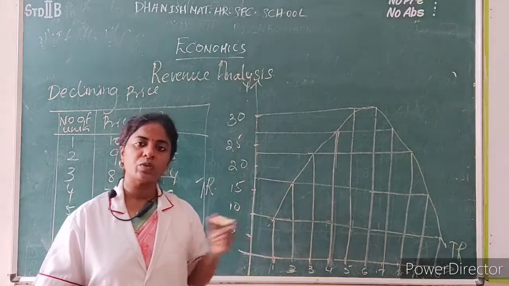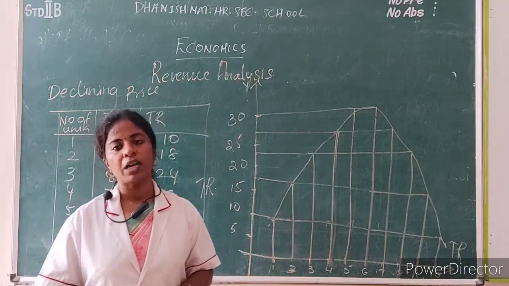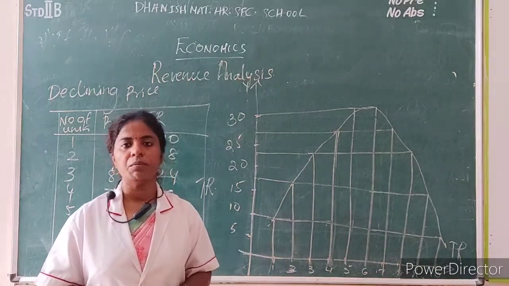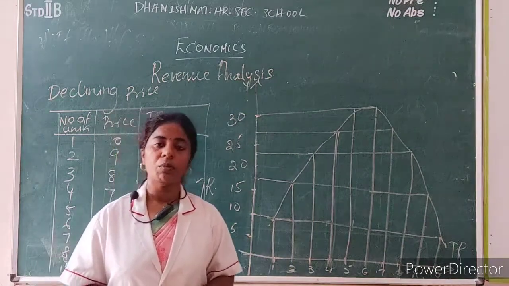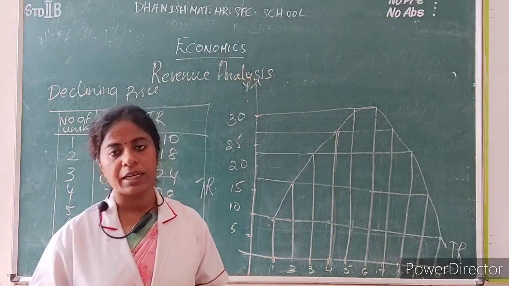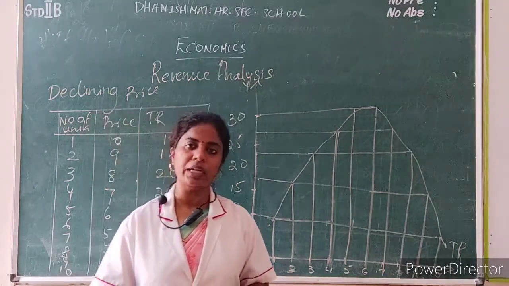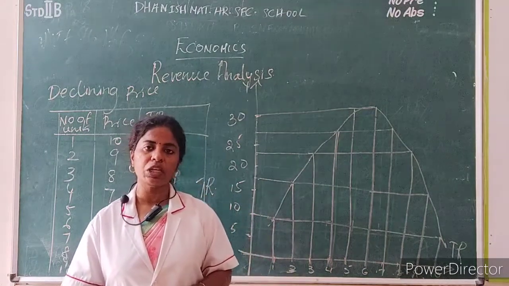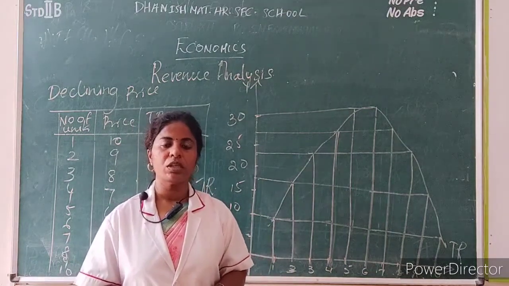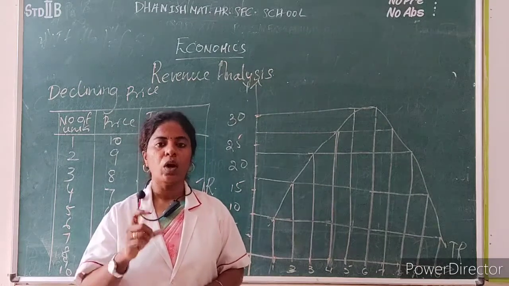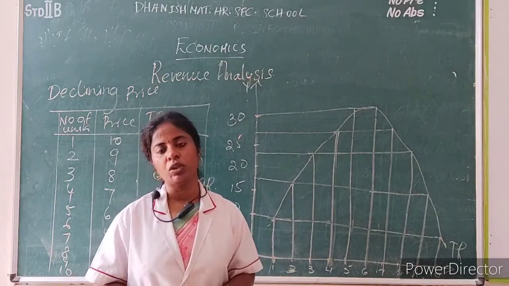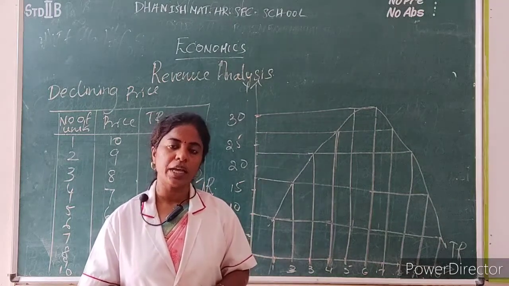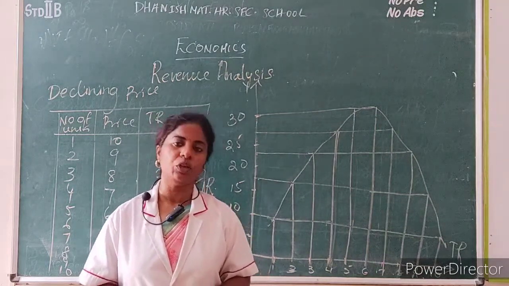Next we come to know about marginal revenue. What do you mean by marginal revenue? Very simple. Marginal revenue is the addition made to the total revenue. If you are adding a product, if you are selling additional output, the additional revenue received is called marginal revenue.